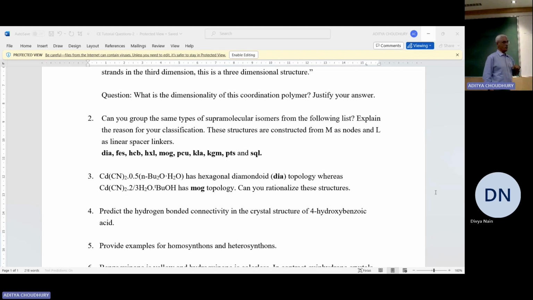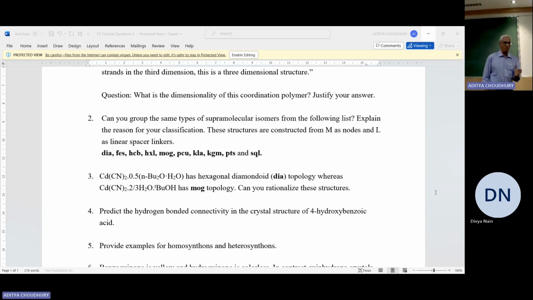See, what is a supramolecular isomer? What's the definition? They should have the same, but not that.